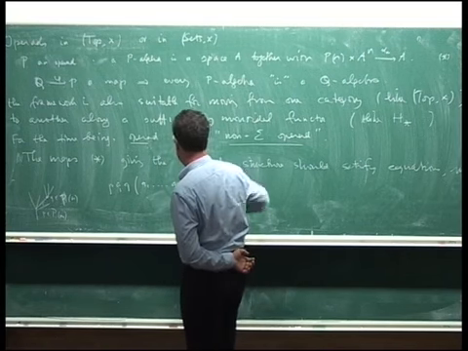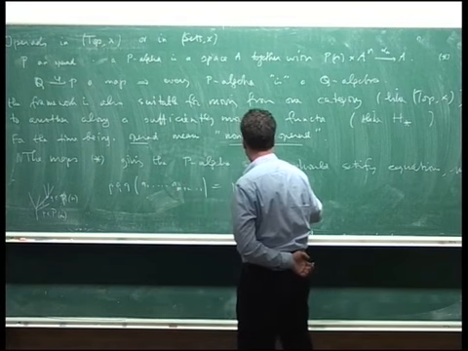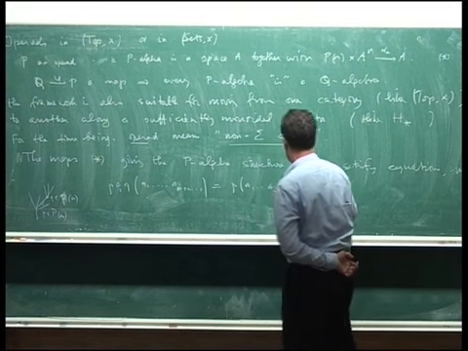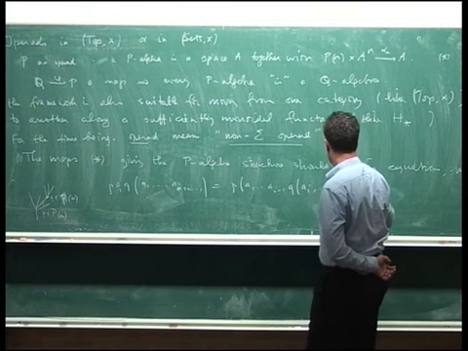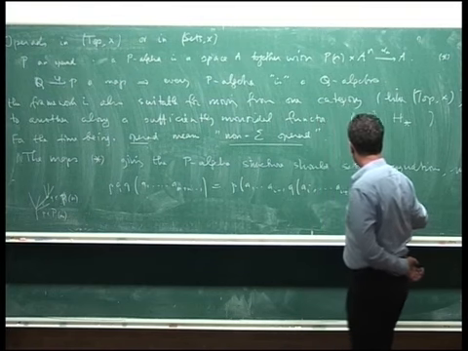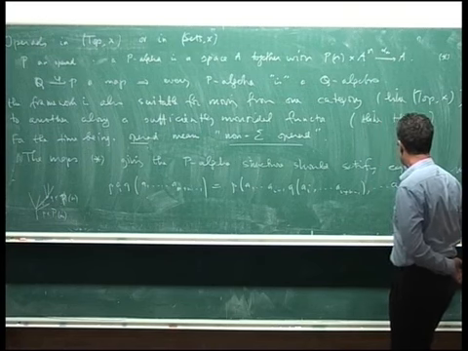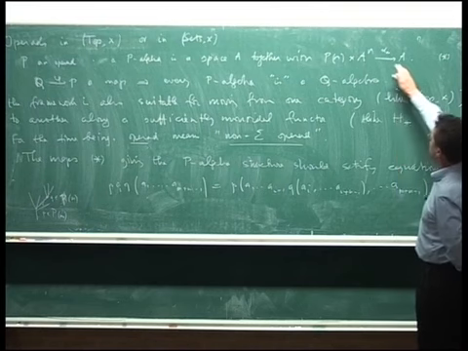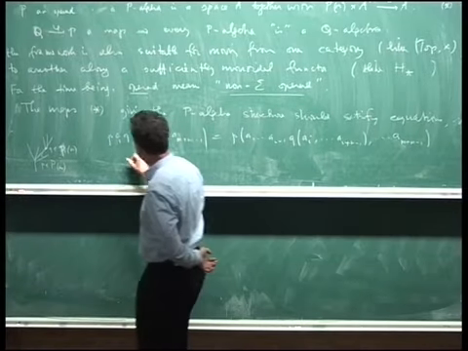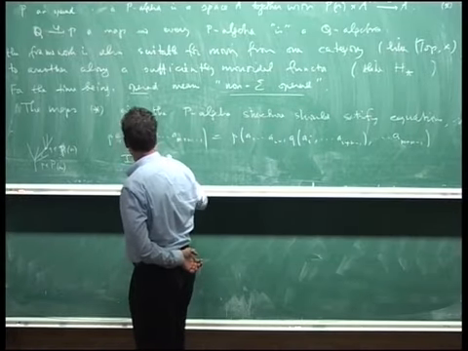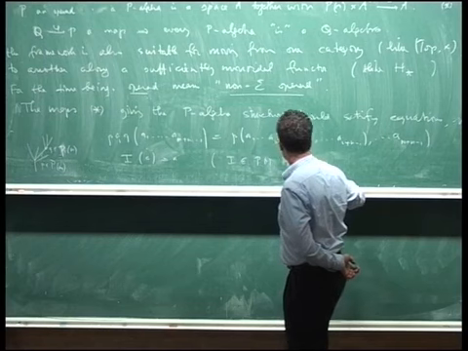This should be the same as applying p to a_1 up to a_{i-1}, then inserting the result of applying q to n variables, that is a_i up to a_{i+n-1}, and then the rest of the a's up to a_{m+n-1}. This is the associativity condition of this operation. There's also a unit, so I of a is always a, where I is the unit in P(1).